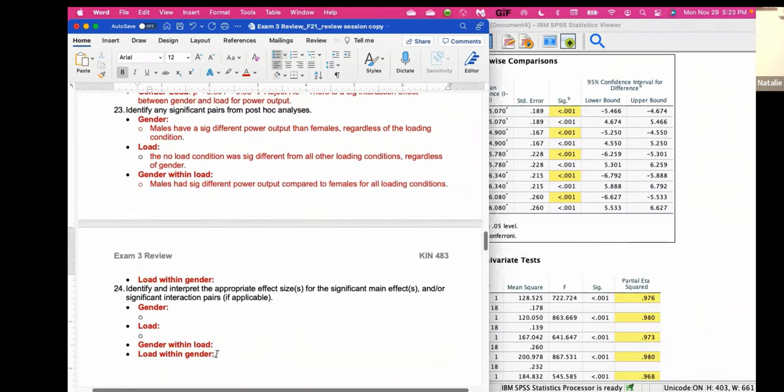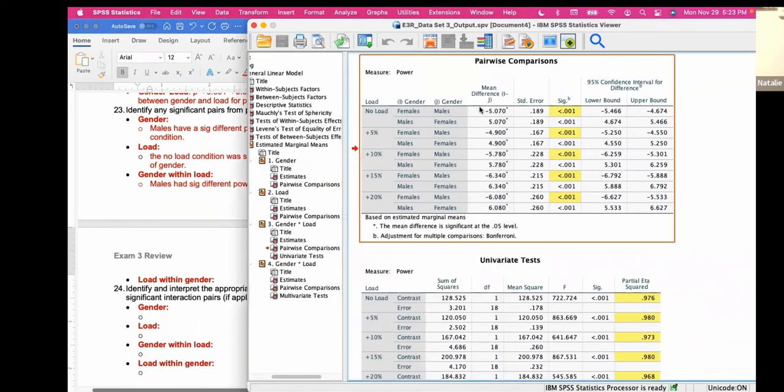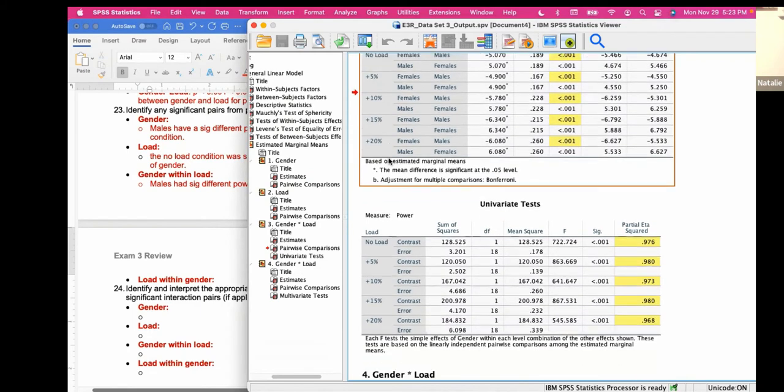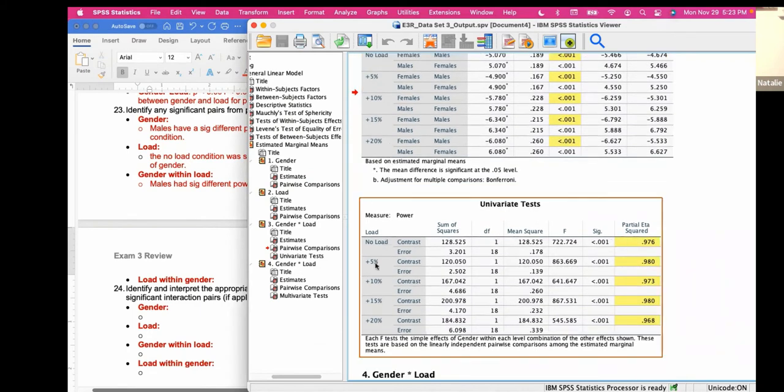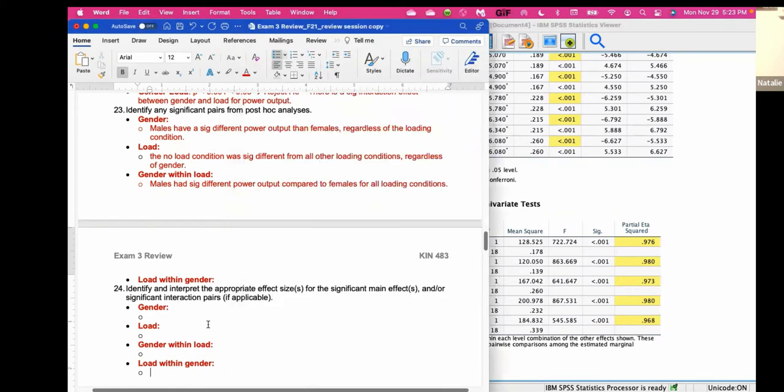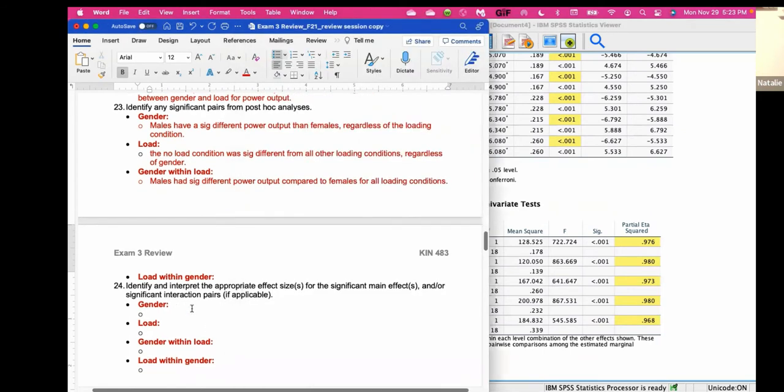While we're down here, I'll just go ahead and do the effect size so that we don't have to skip back to it. But because we had a significant difference in each loading condition, we would report the effect sizes within each loading condition. So I've skipped to number 24, gender within load.